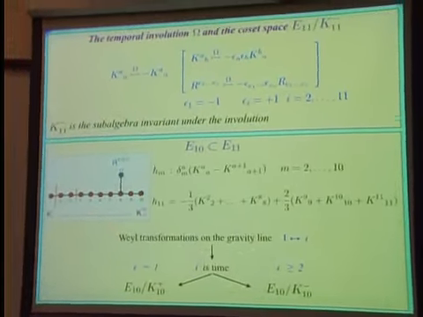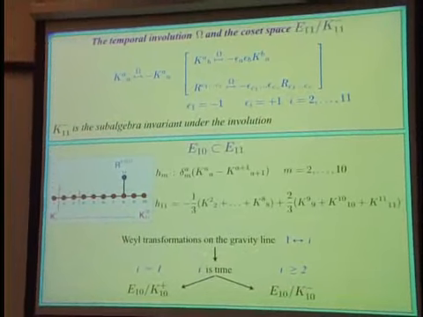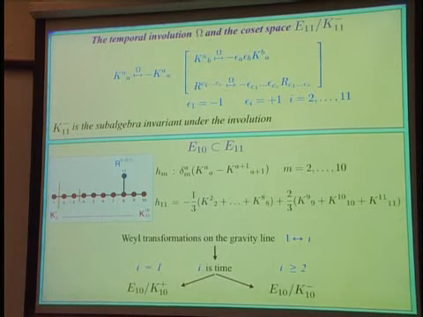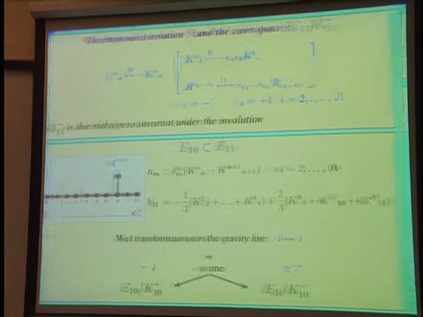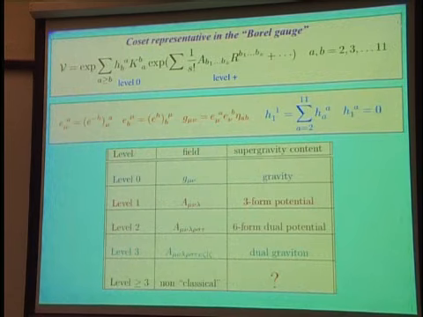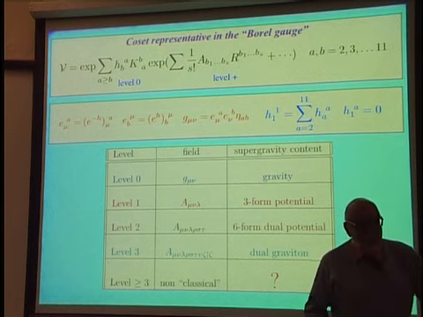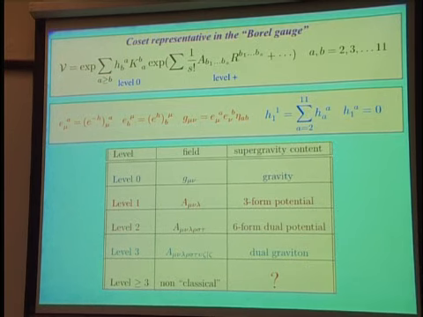But we could make a Weyl transformation in E11 and put the time somewhere else. And if we put the time somewhere else, then we have again a temporal involution here, and we have a new coset space, which is E10 over K10 minus, meaning that here also we have kept a Lorentzian signature. Now, once we have this, we can go further and ask, can we define fields as parameters of the coset space, let's say E10 over K10 minus.